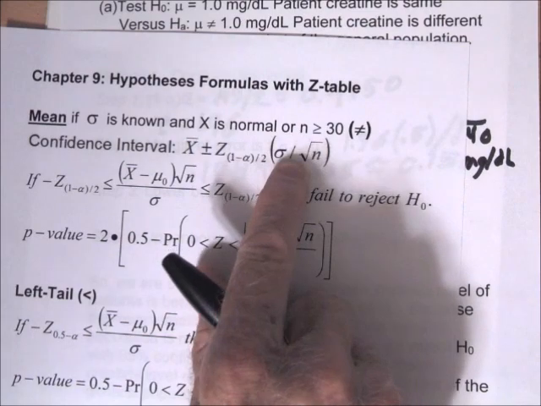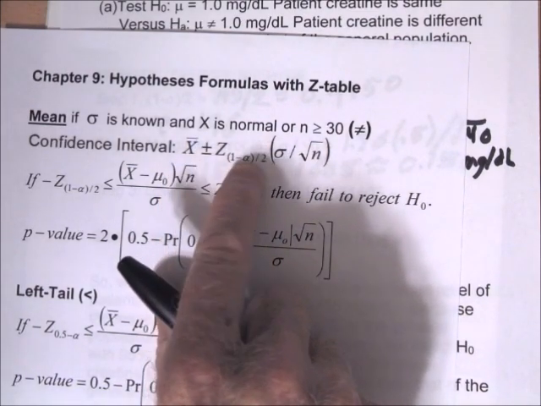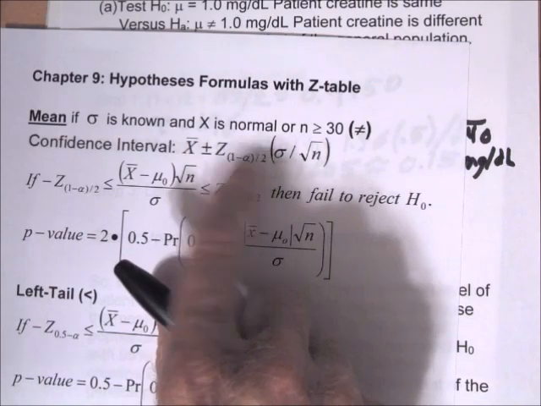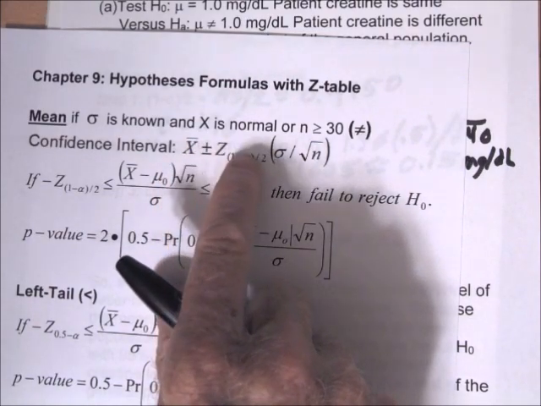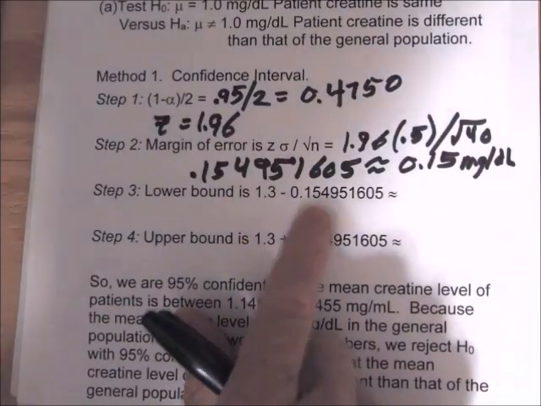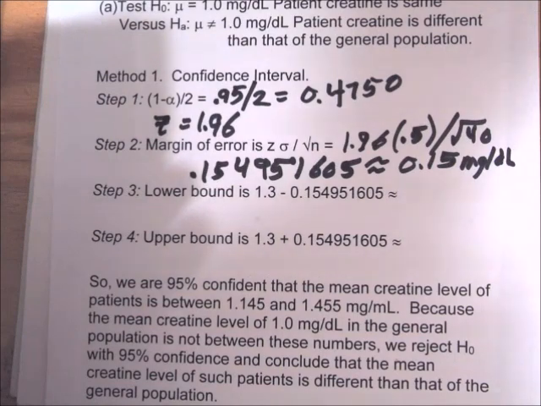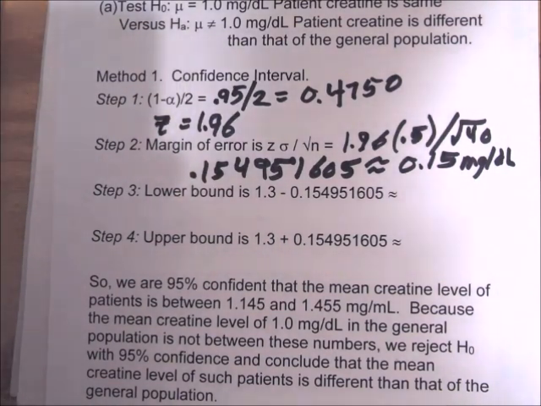That's what was computed, and x bar minus that margin of error is going to give us the lower bound. X bar plus that will give us the upper bound. So we do x bar, which is 1.3, minus the margin of error, 1.3 minus recall. We get 1.14 something.